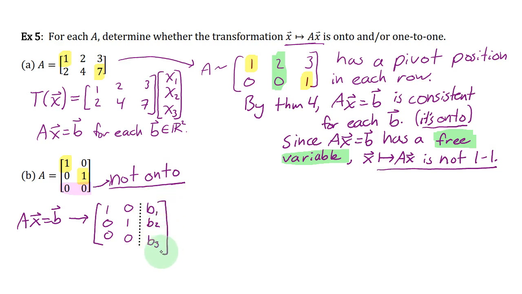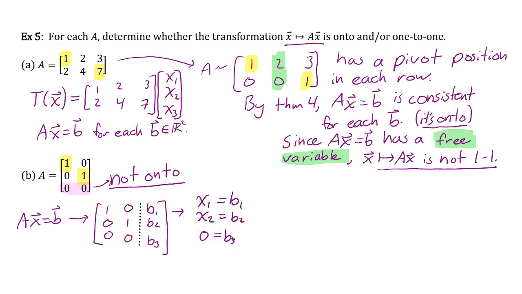There's your augmented matrix. And since it's already reduced, what we've got is x1 equals b1, x2 equals b2, and the last one says that 0 equals b3.